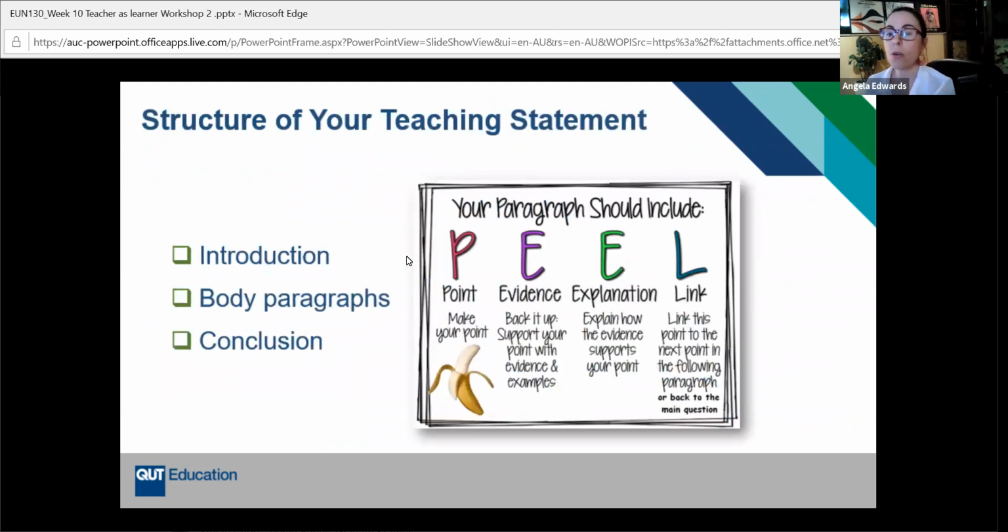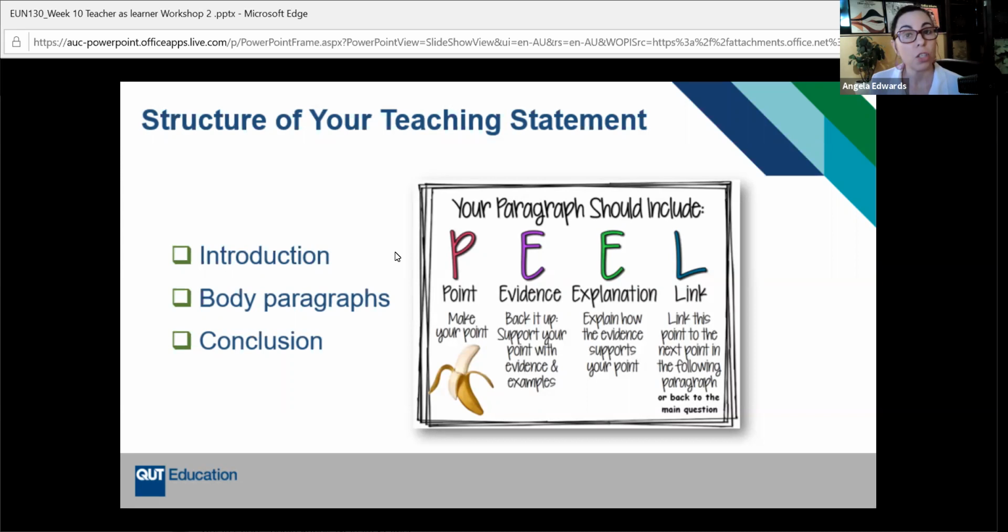Okay, so moving on to what your teaching statement will actually look like. So unlike other kinds of writing, an educational statement is written in the first person because it's a personal reflection. In general, it would be about 600 to 800 words in length. And a good educational statement would have an introduction, a body, and a conclusion.